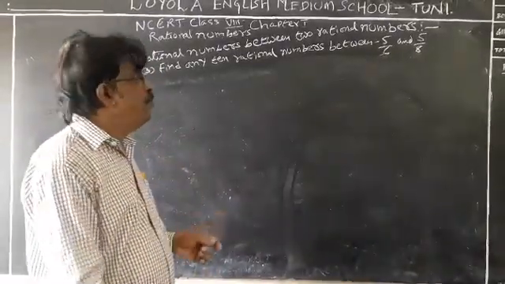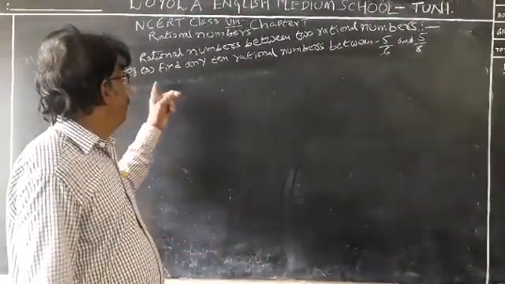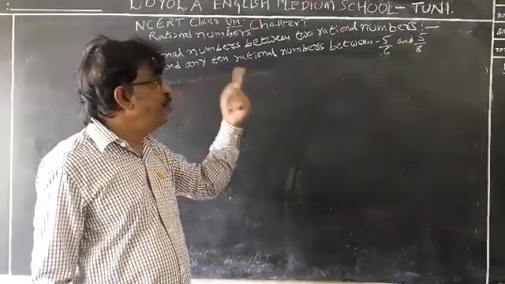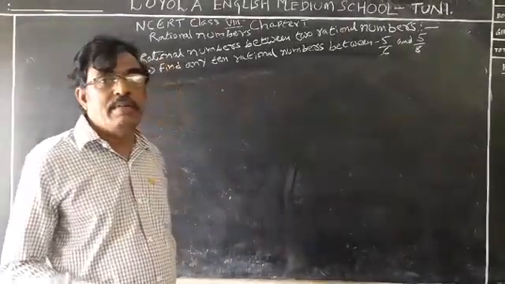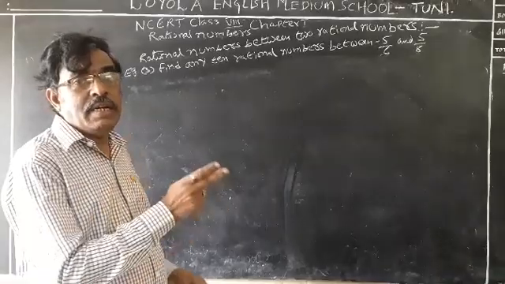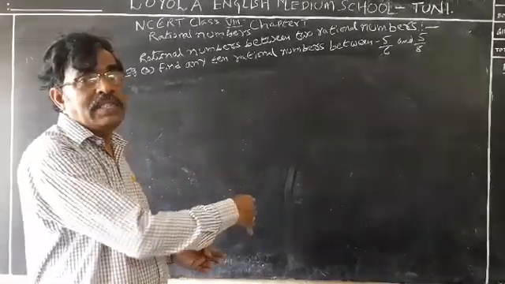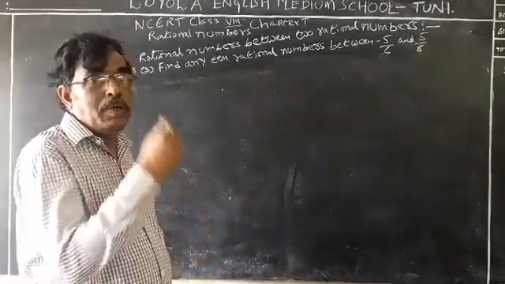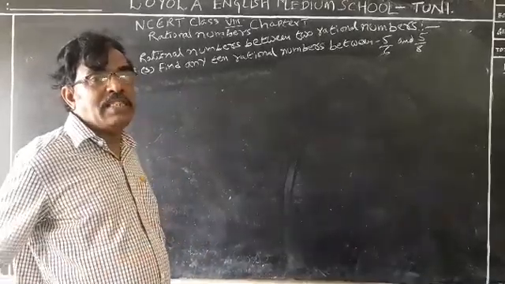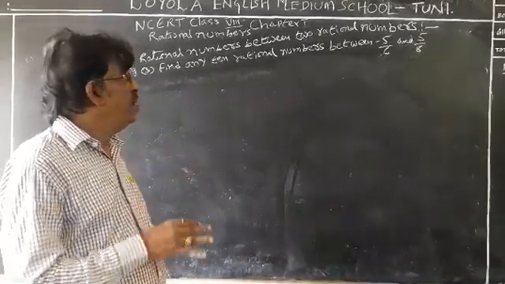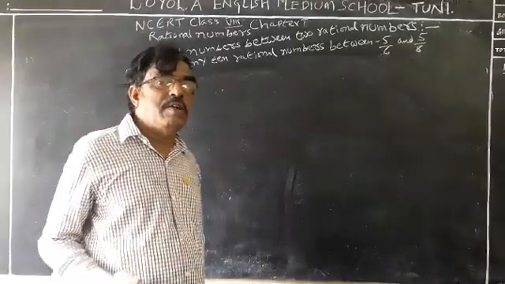This is example 3. Observe. Find any 10 rational numbers between -6 and 5 by 8. Just now I told you an important point in the previous question: if you convert into like fractions, it is easy to find the answer.